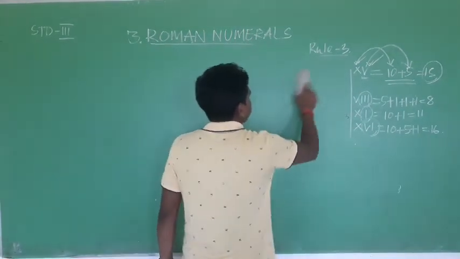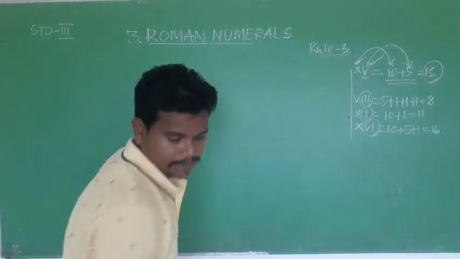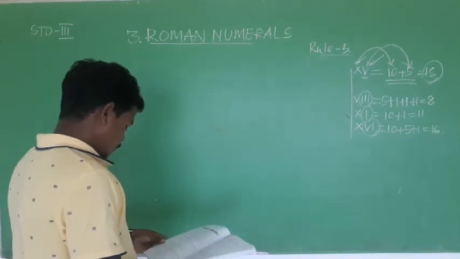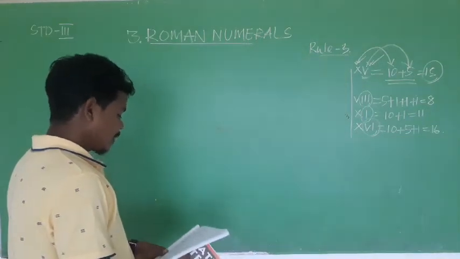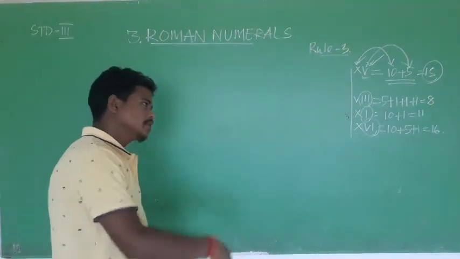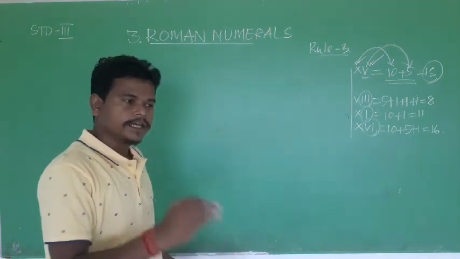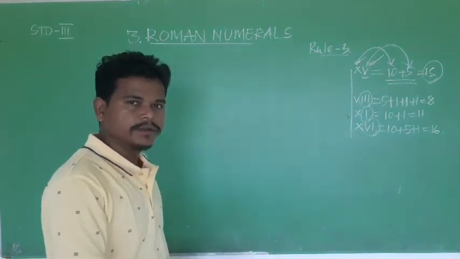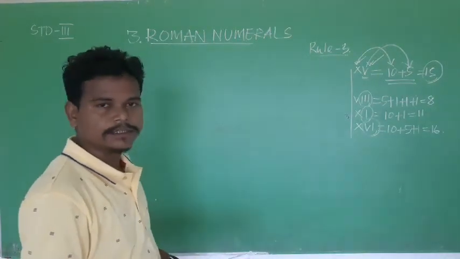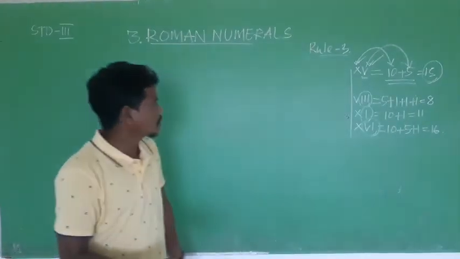The next rule says that when a numeral is placed before the numeral of greater value, then the resulting numeral will be their what? Difference. Resulting numeral will be their difference.